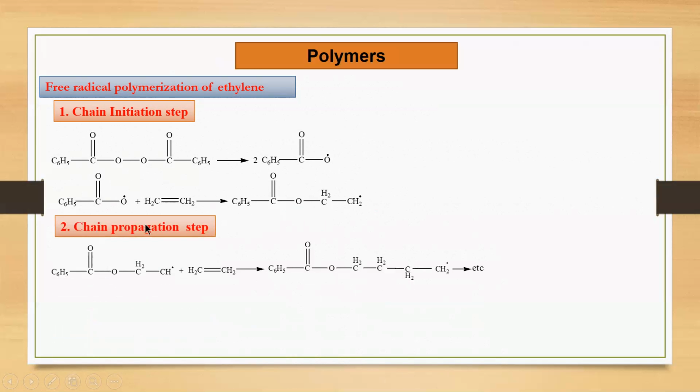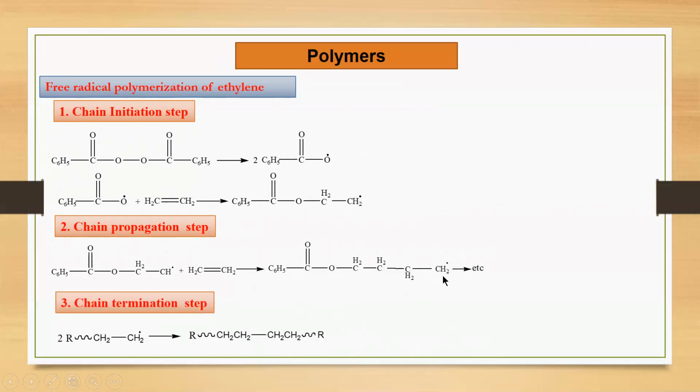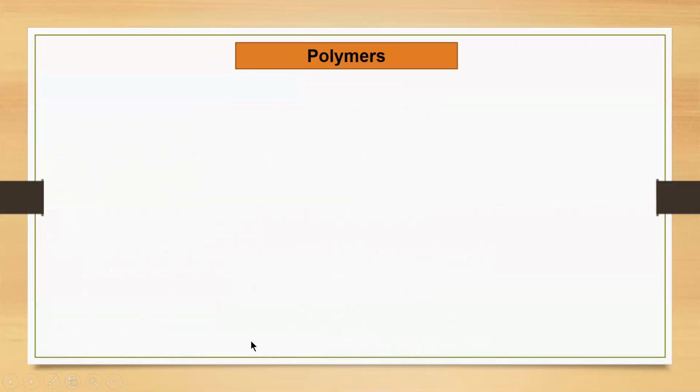In chain propagation, this active monomer further attacks another ethylene unit to produce a larger radical that can propagate the chain. Finally, in the chain termination step, the two radicals combine together to form a neutral polymer. So this is how free radical polymerization takes place.